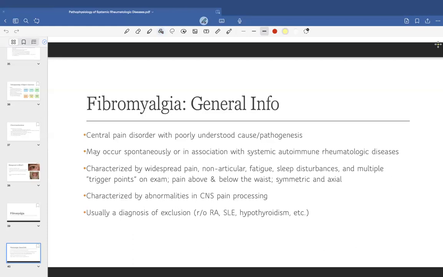Okay, and there are patterns. That's what I'm assuming this is from. And so, yes, fibromyalgia can be its own entity, or it can be in conjunction with some of these other rheumatologic diseases. But what they think is that something happened early on during childhood development that was extremely traumatic to these patients.